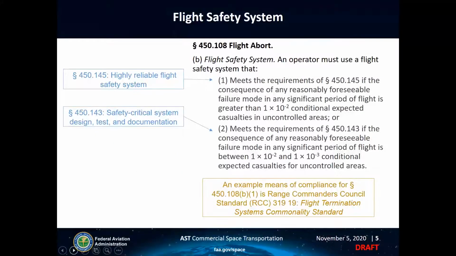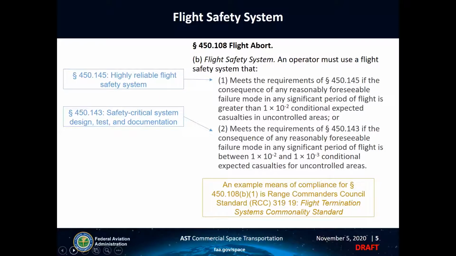Section B describes requirements for flight safety systems and was mentioned in yesterday's workshop. Section B1 says that an operator must use a flight safety system that meets the requirements of Section 450.145 if the consequence of any reasonably foreseeable failure mode in any significant period of flight is greater than 1 × 10⁻² conditional expected casualties in uncontrolled areas.